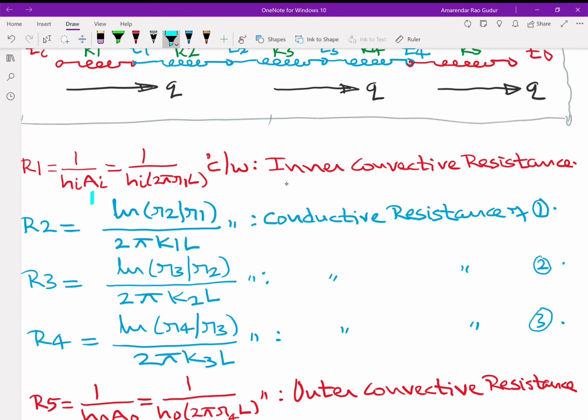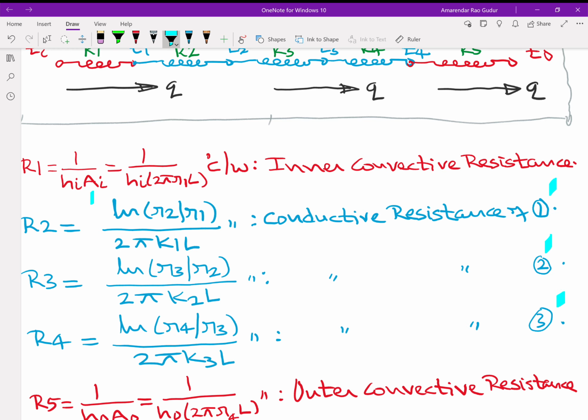R2 is log R2 by R1 by 2 pi K1 L, which indicates the conductive resistance offered by layer 1. R3 is log R3 by R2 by 2 pi K2 L, degree centigrade per watt, the conductive resistance offered by the second layer. And R4 is log R4 by R3 by 2 pi K3 L, the conductive resistance offered by the third layer.